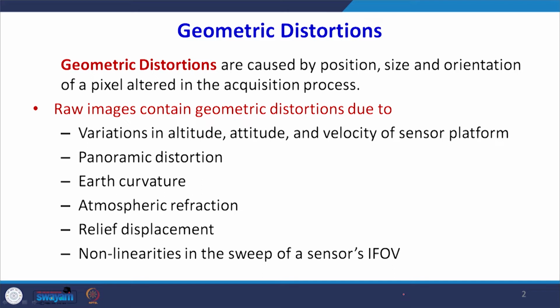We have studied the effect of the atmosphere on satellite images. Refraction is one phenomenon due to which we have some geometric distortion present. Relief displacement: we know from our background knowledge of photogrammetry that objects with different heights will cause relief displacement in the image.